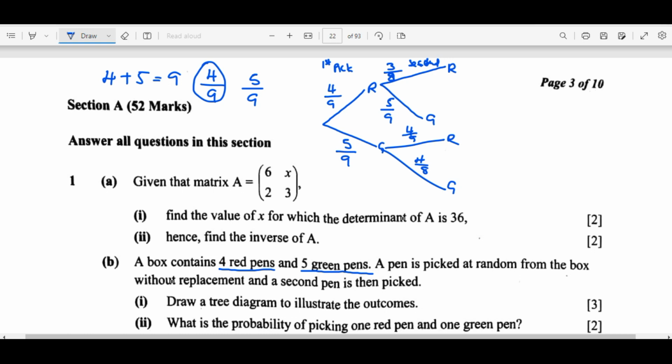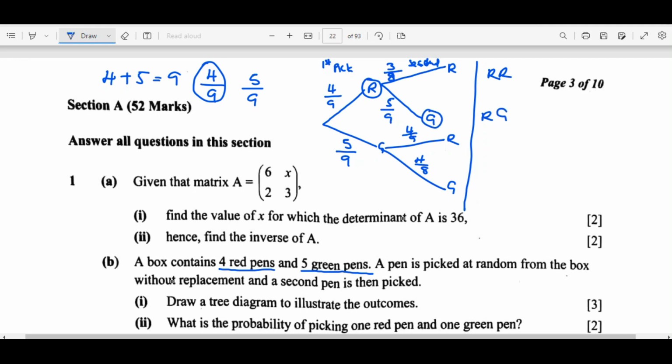This is the second pick. Then you can write the outcome is R, meaning red, and then here we have R, which is this R, and then we have a G, meaning red and green.